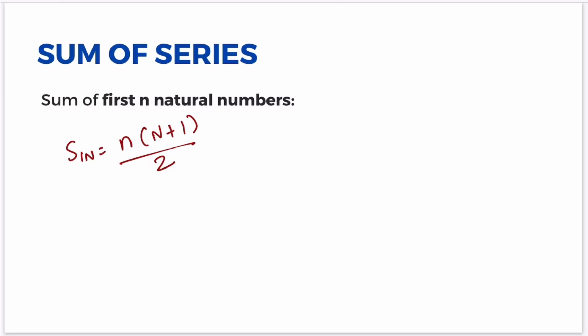So I hope that part is already cleared. I am not putting a lot of time on this part again, and moving on to the next formula. So this is formula number 1 you have to take away from this video.